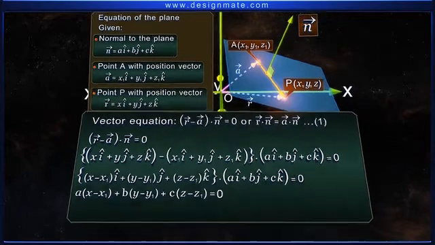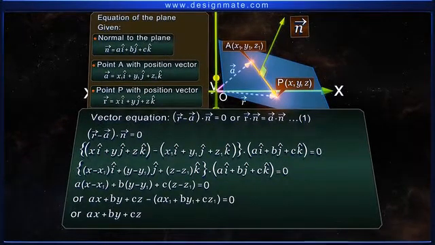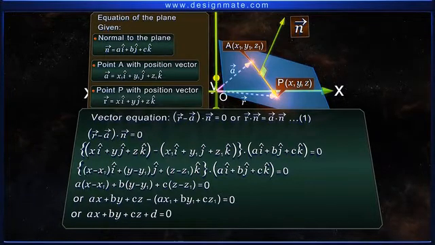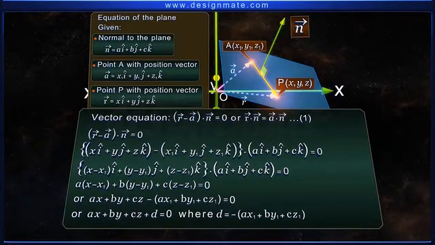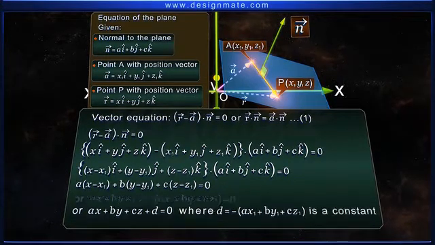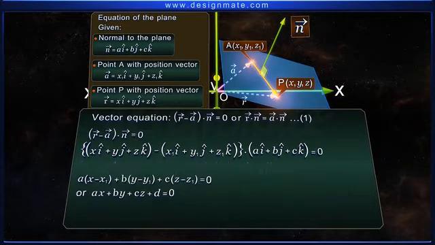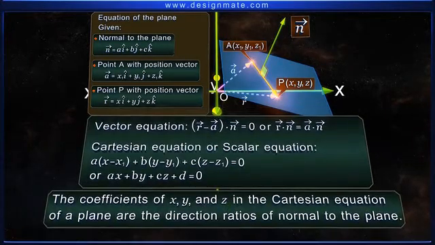Or a x plus b y plus c z plus d is equal to 0, where d is equal to minus (a x1 plus b y1 plus c z1) is a constant. This is the Cartesian equation of the plane.